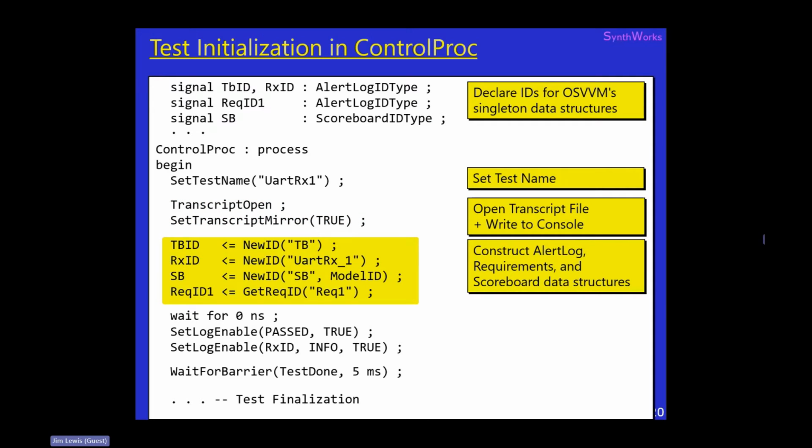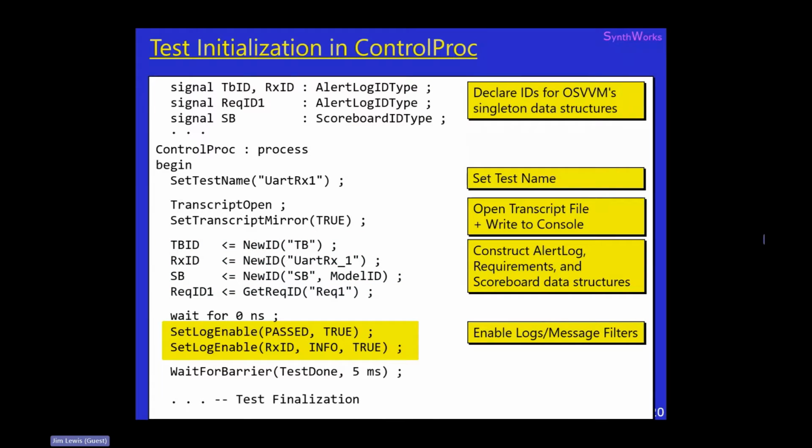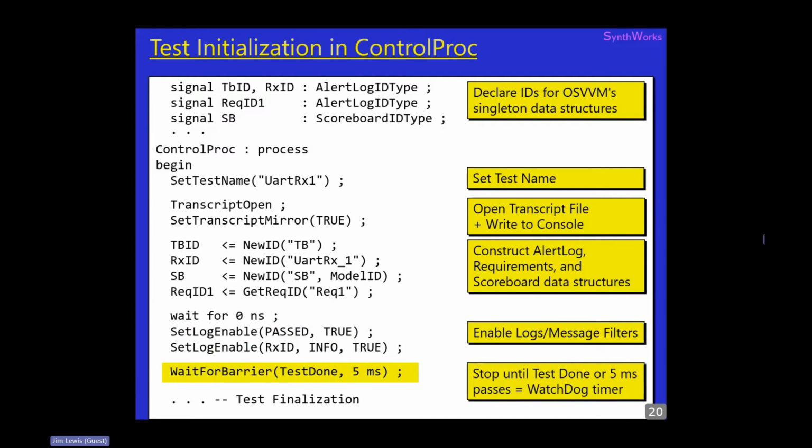Then we call new ID to construct these, to say, hey, give me one of these things from the data structure. And then perhaps we enable our logs and message filtering. Okay. And then we wait until the test is done. Or in this case, if 5 milliseconds go by, that's our watchdog timer on the whole test. So this will wake up in 5 milliseconds, whether we get test done or not.